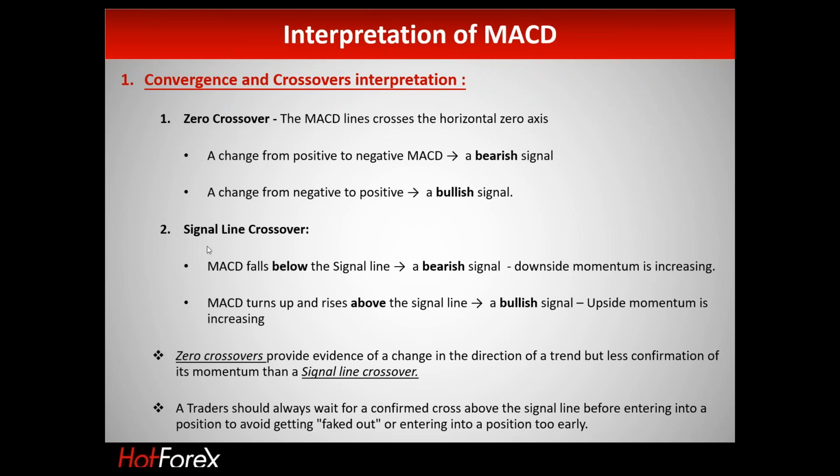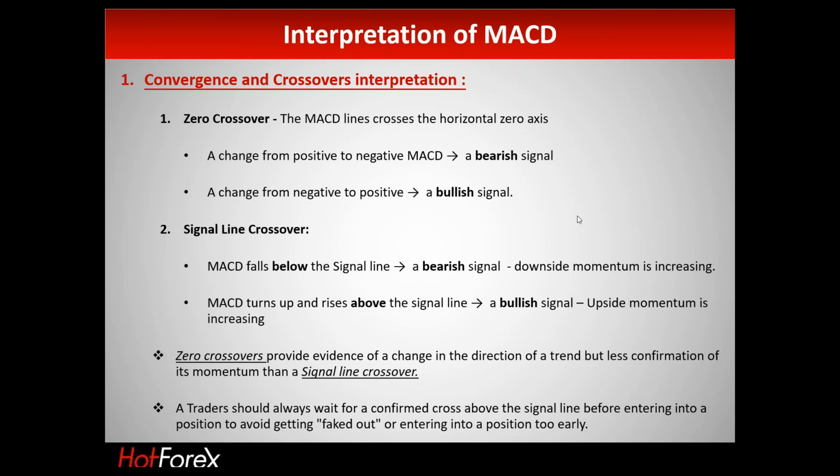Now we have something more tricky, the signal line crossovers. If we see MACD, and by saying MACD, I mean the histogram, that chart. If we see MACD falling below our signal line, our red line, that's a bearish signal. Remember, the MACD histogram gives the momentum.